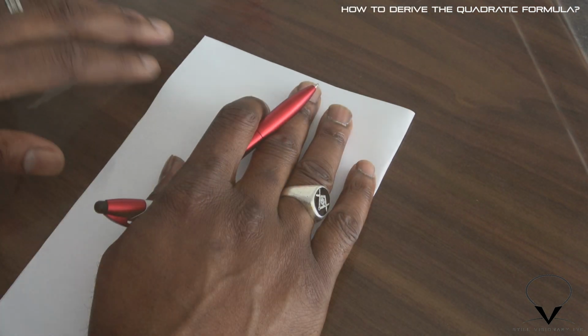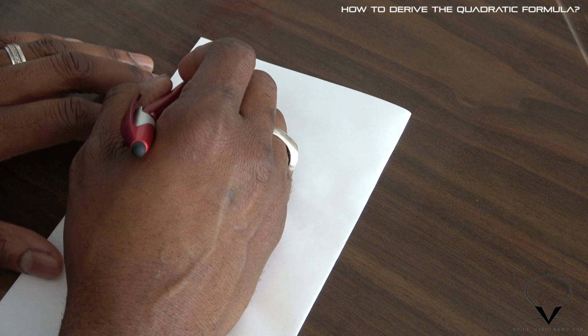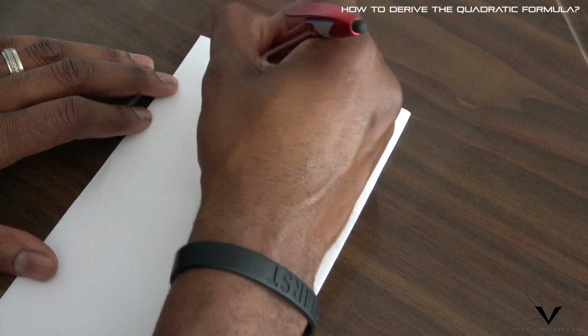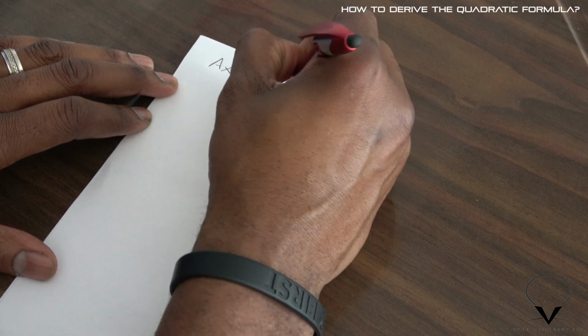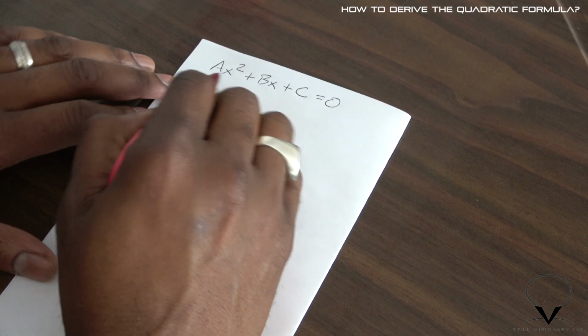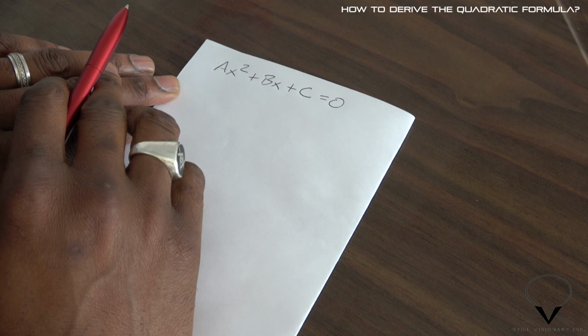Here we go. I'm going to start off by writing the quadratic equation in standard form: ax squared plus bx plus c equals 0. Now, there are a couple of ways that you can start.